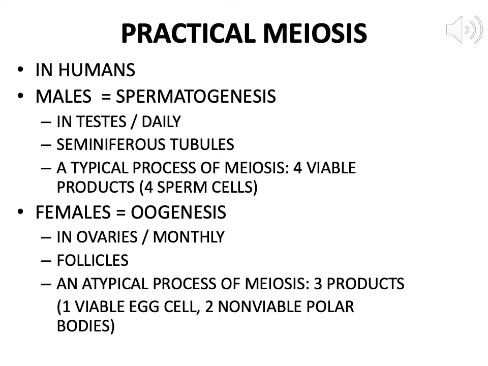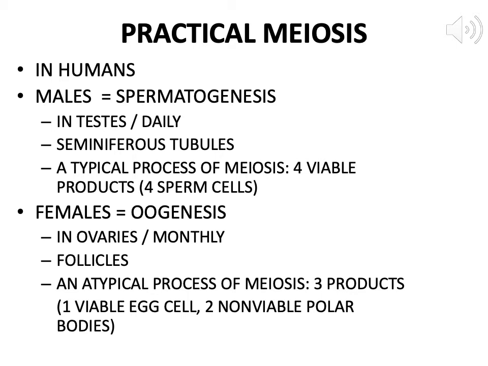And most of you all realize that on a monthly basis, once a girl reaches puberty, those eggs are ovulated on a monthly basis. And that process is the end of the meiosis process. In the females, it's how she produces eggs.